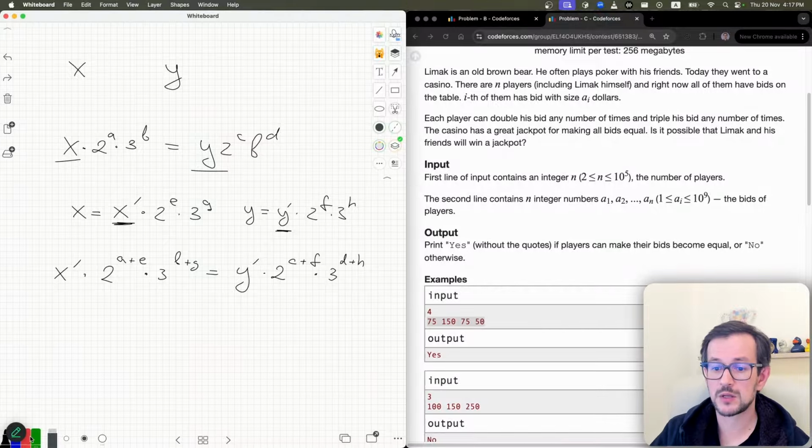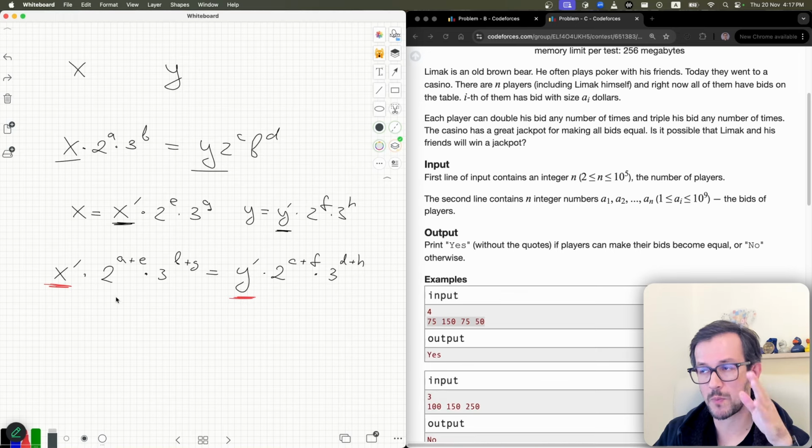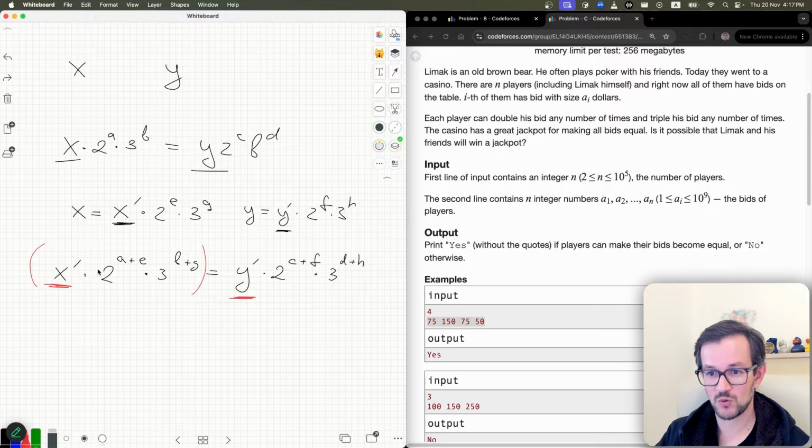Now you see. If I want these two numbers to be equal, then x prime should definitely be equal to y prime, because the prime factorization of the resulting number will look like this. It's the prime factorization of x prime and some 2's and 3's.